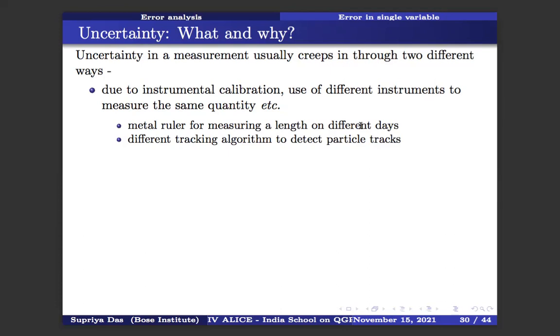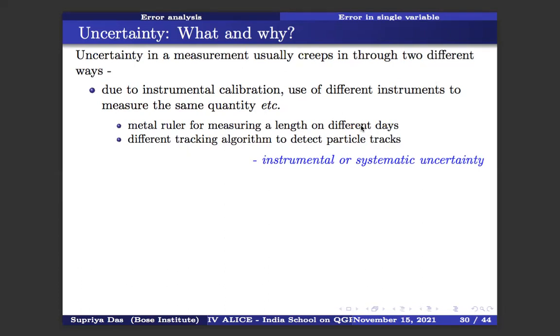Similarly, if you use two different tracking algorithms for 100 tracks in one event, one gives you 95, another gives 97, and you employ the same two algorithms for another event, they will give you a similar number. So it is systematically shifted in one direction. Your final result is systematically shifted in one direction. And this is what is called instrumental or systematic uncertainty.